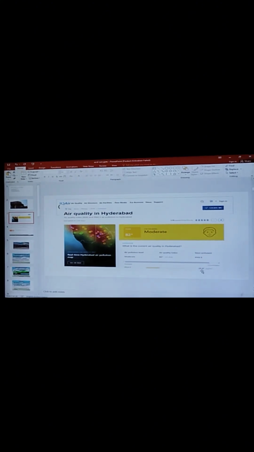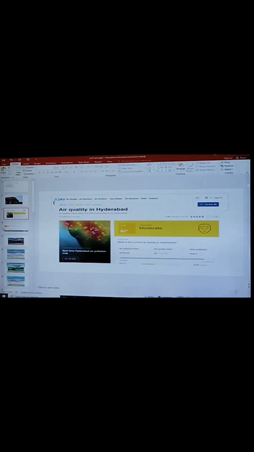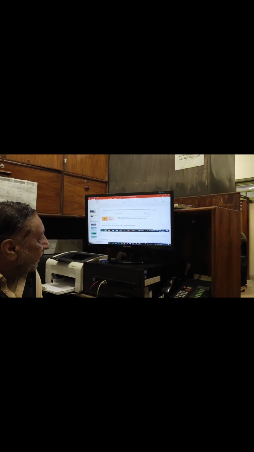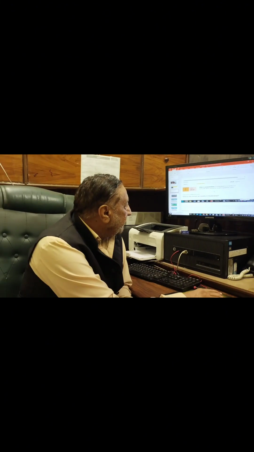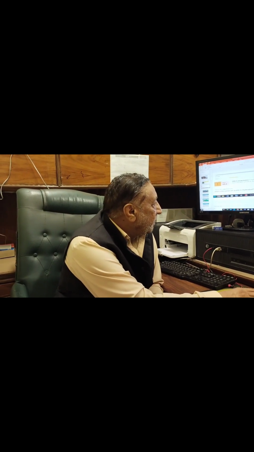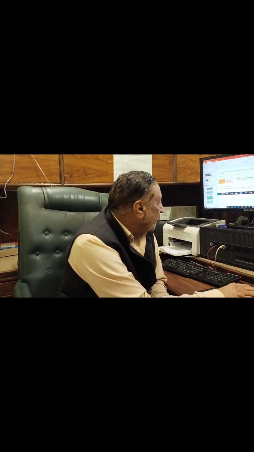Even less than 10 is good, but it is 25.8, and the WHO reading says that the PM2.5 concentration in Hyderabad is currently 5.2 times the annual air quality guideline value. That should be around 5 or 10, but it is 5 times more. So this is the air quality, and it is on the website.